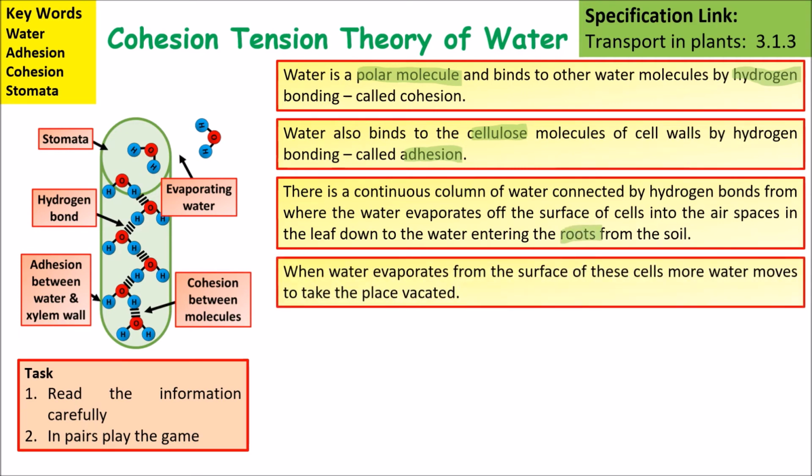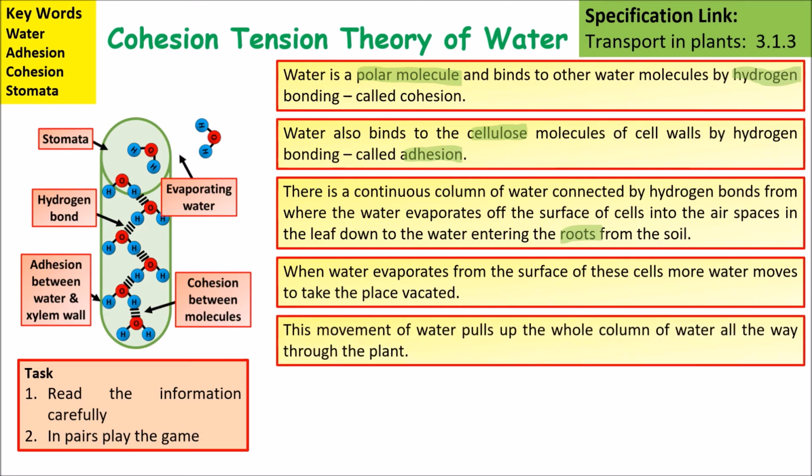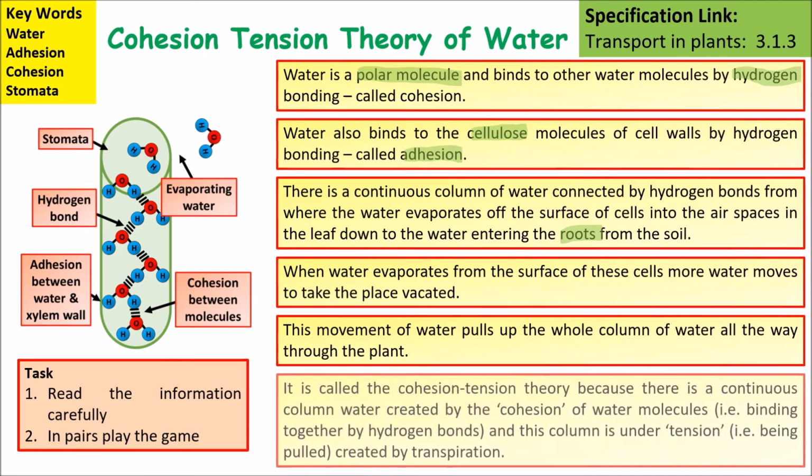When water evaporates from the surface of these cells, more water moves in to take its place. This movement of water pulls the whole column of water up through the plant. So this is called the cohesion tension theory because there is a continuous column of water created by cohesion of water molecules, and the column of water is under tension created by transpiration.